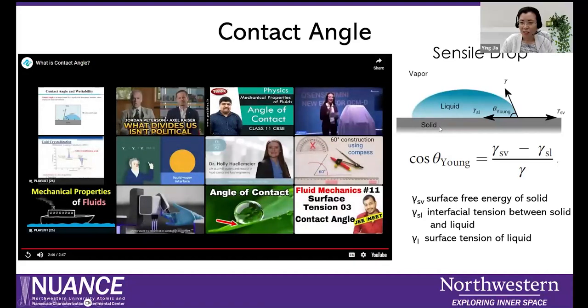Okay, so this part is just to summarize the video. We have these simple equations to calculate the contact angle, if you know the surface energy and also the interfacial tension between solid and liquid, and also the surface tension of the liquid. For something like water and silicon, these parameters you can easily Google online, and you can quickly calculate this contact angle and compare with your measurement.